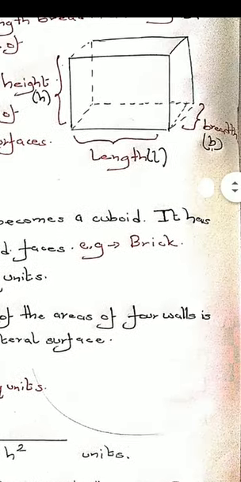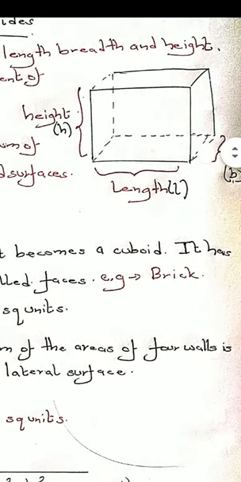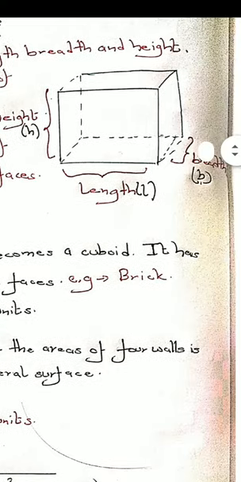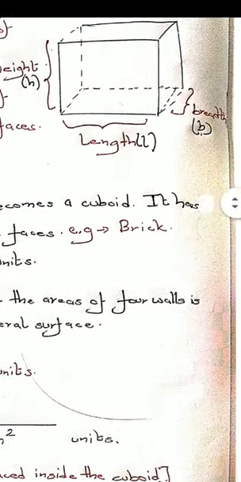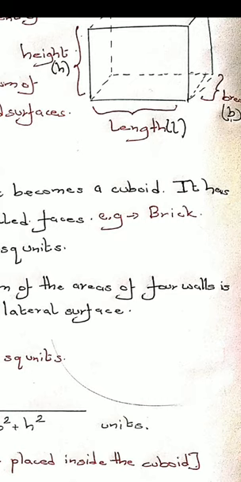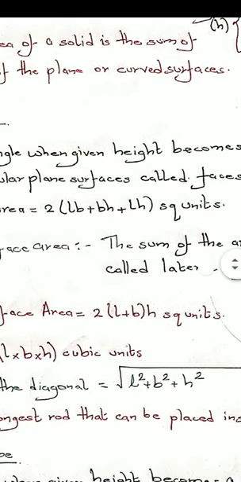This is also very easy to understand. The side which is facing towards us is LH, and that side will also be LH. So LH plus LH is 2LH, and the other sides will be BH plus BH, which becomes 2BH. So I can take out 2 common, so 2(L plus B)H square units.